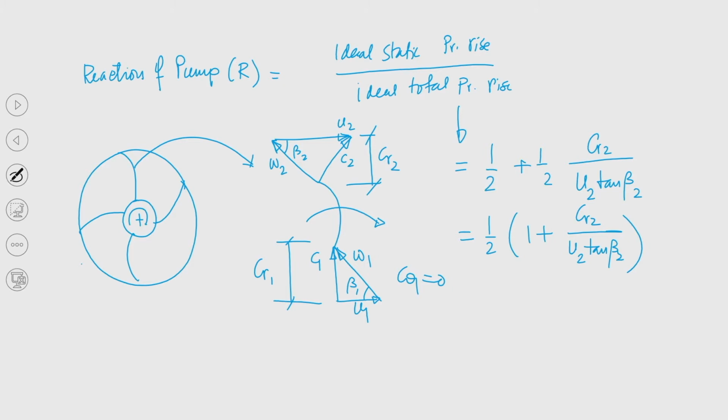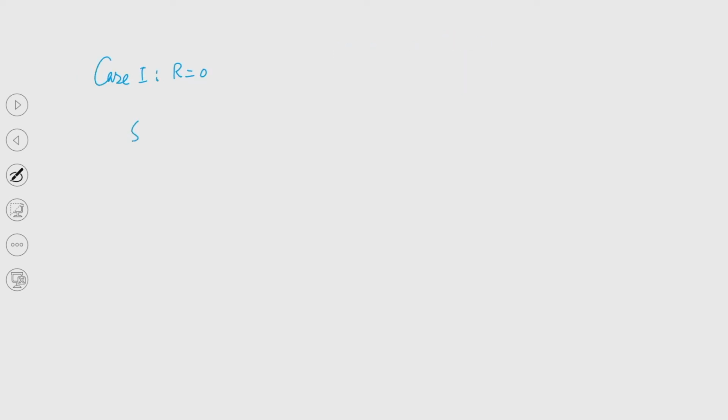Case 1: the degree of reaction R equal to 0. From the previous expression, if R equals 0, the ideal static pressure rise will be equal to 0.